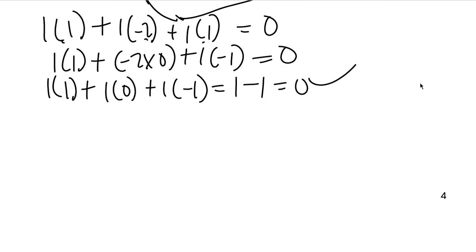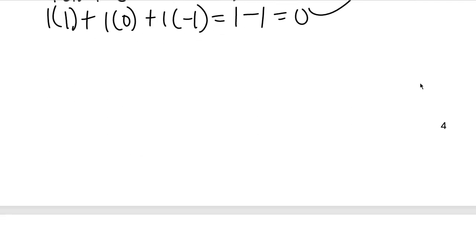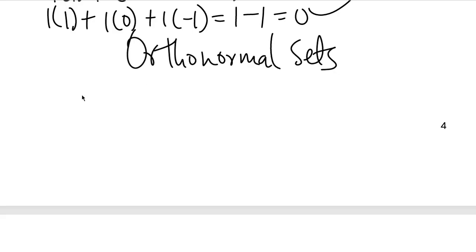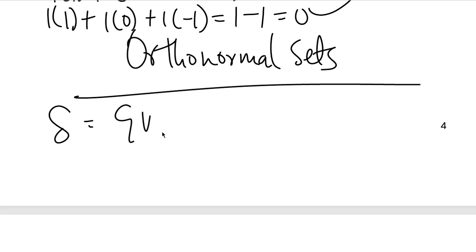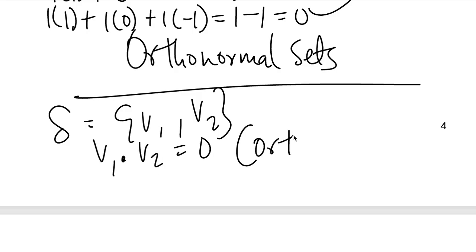Understood? Right? So for the orthonormal sets, very important concept. When you say that a particular set given is orthonormal, first of all, if you consider a set as containing v1 and v2, this set is said to be orthonormal if, number one, v1 dot v2 is going to be equal to 0, which implies that this set is actually going to be orthogonal.